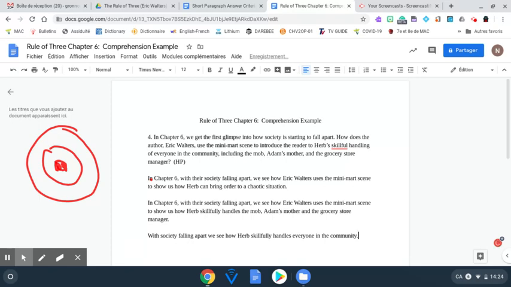Okay, so this is a decent topic sentence. We talk about the society falling apart. We see the same thing up here, and how Herb skillfully handles everyone in the community, which is right here.